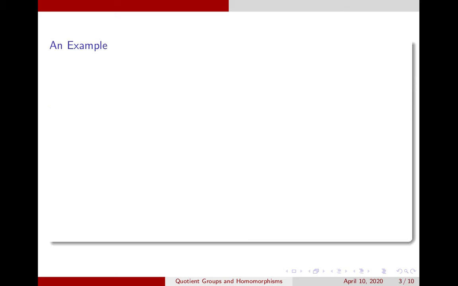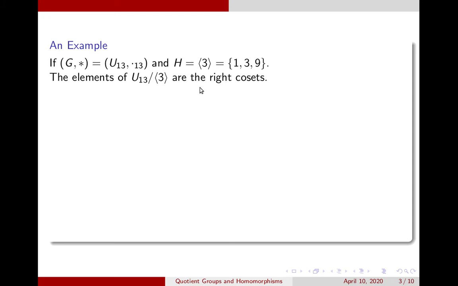So a quick example. If G is U13 under multiplication mod 13, and H is the subgroup generated by 3, which consists of the positive integers 1, 3, and 9, then the elements of the quotient group U13 over the subgroup generated by 3 are the right cosets of H. There is the right coset determined by 1: 1, 3, and 9.